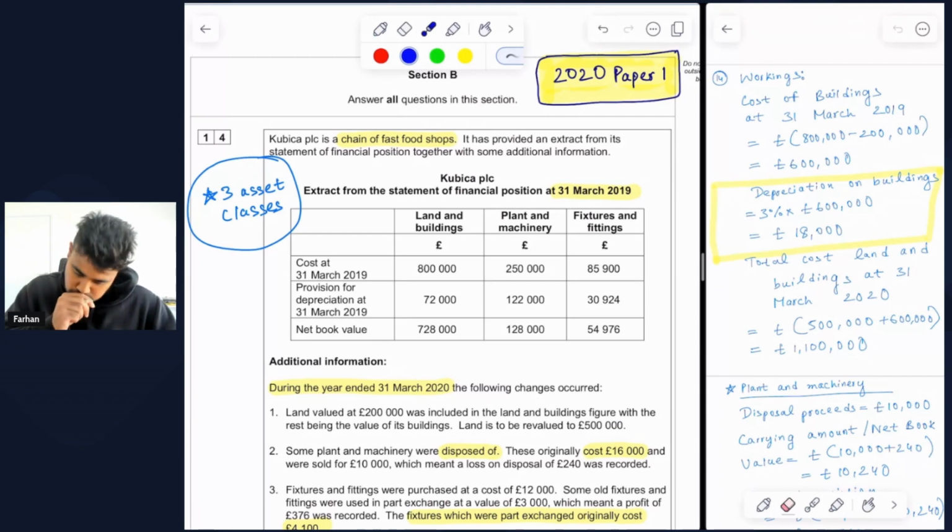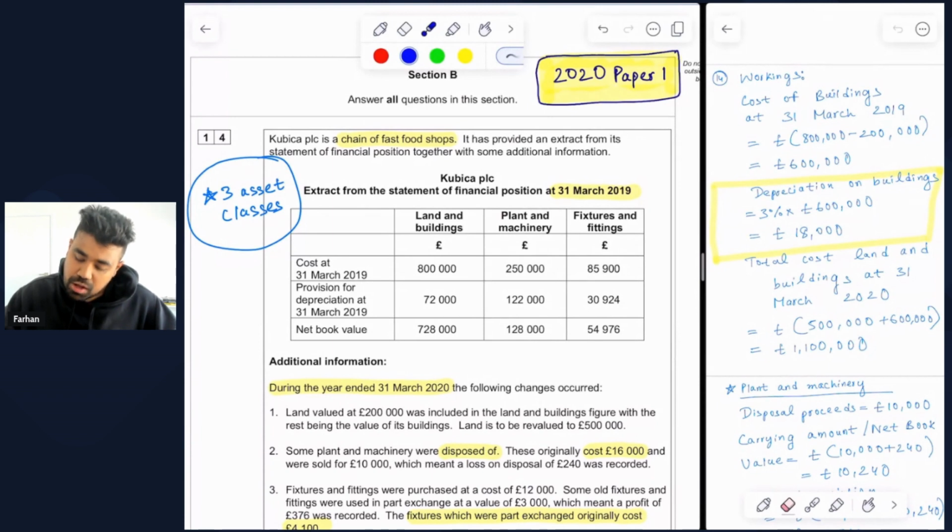We know, based on additional information 1, land is to be revalued to £500,000. Revalued to £500,000, which means the land, which was worth £200,000 just a year ago at 31 March 2019, is now worth £500,000 at 31 March 2020. So that is why when you want to find the total cost of land and buildings at 31 March 2020, I start with the total value of land, which is £500,000.